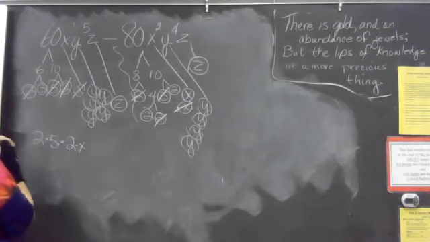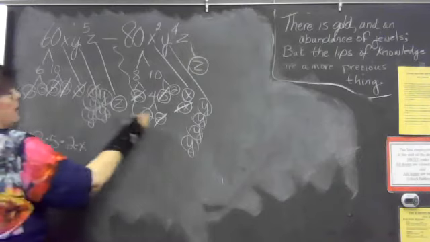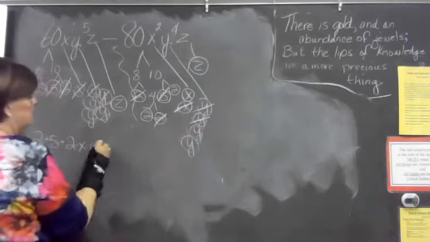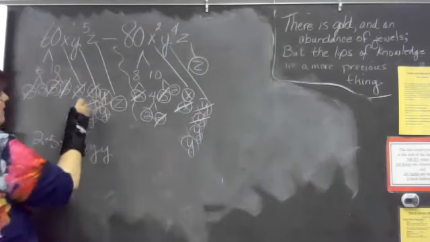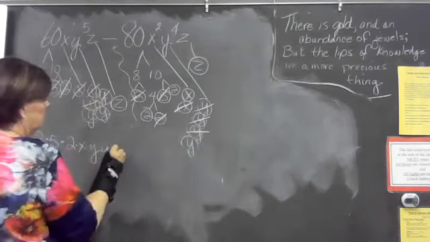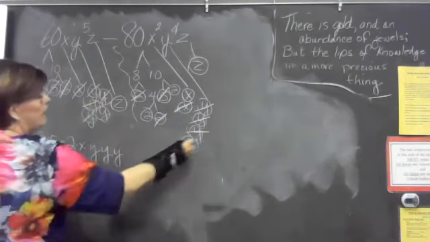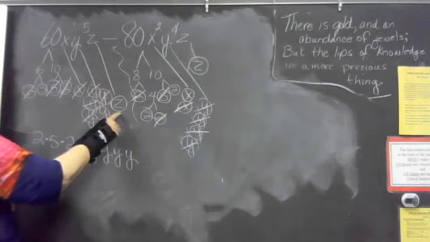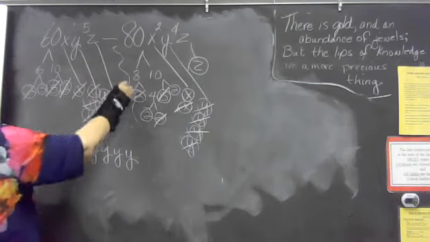Let's go for Y's. I have a Y here. I have a Y here. I have a Y here. And a Y here. Here's a Z. Do I have any? Oh, I do.